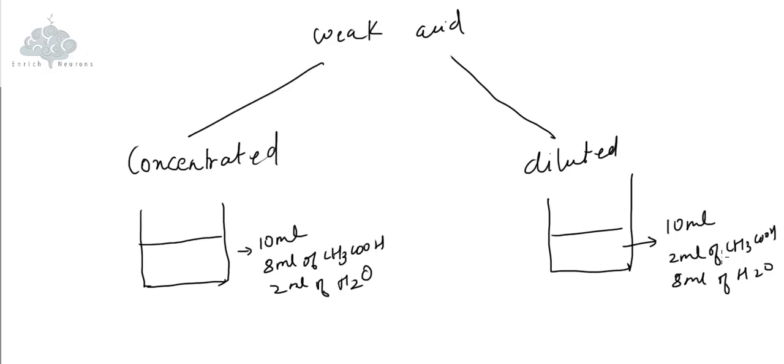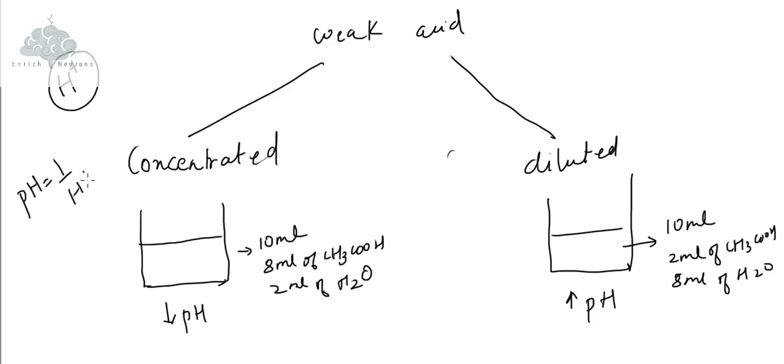Okay, so now of course the pH of strong acid and weak acid would be different, and the pH of the concentrated and dilute would be different, because as we know the pH depends upon the H plus ions and the OH minus ions. Consider if we are taking a concentrated weak acid, the pH of the concentrated acid would be less as compared to the pH of a dilute acid, because we follow the relation that pH is inversely proportional to H plus ions.